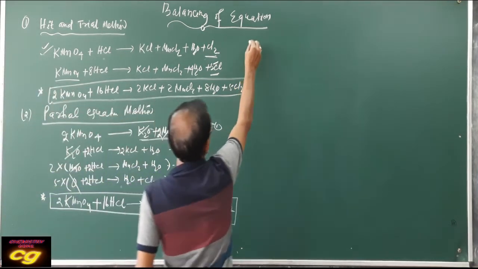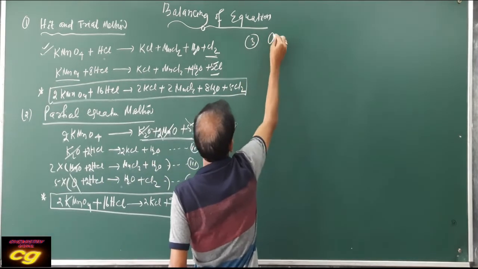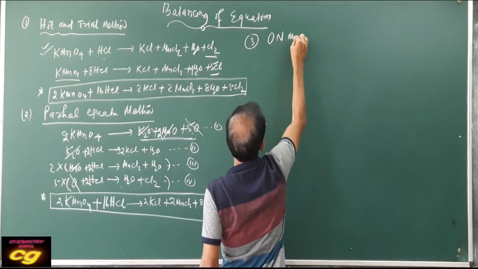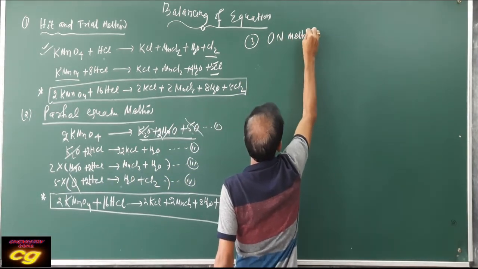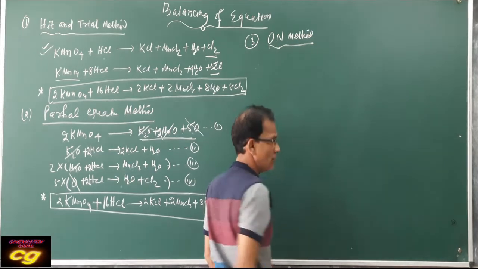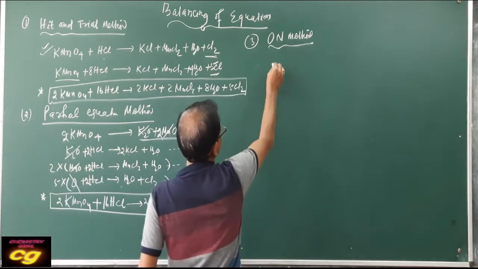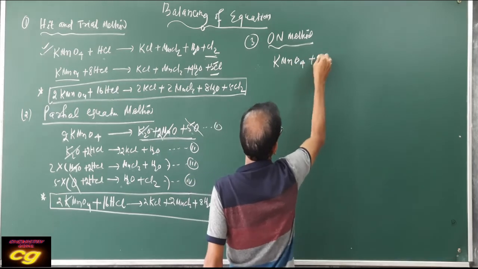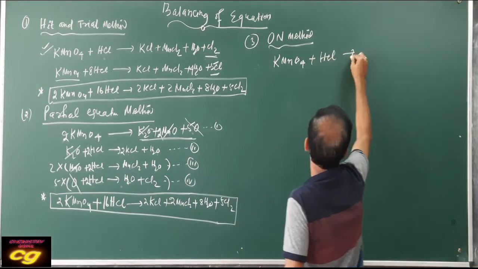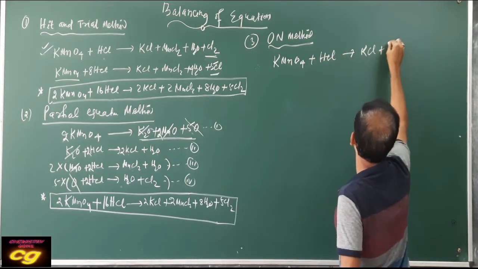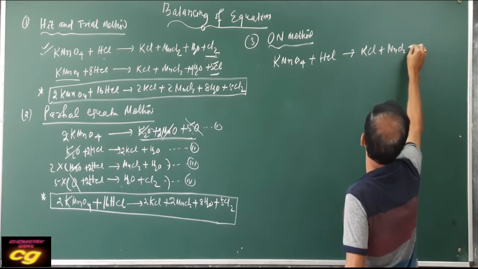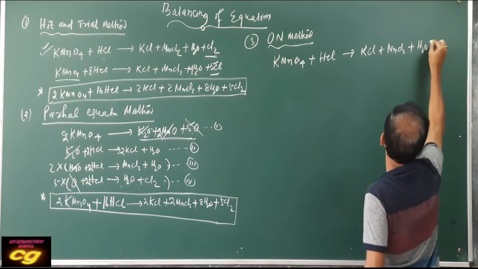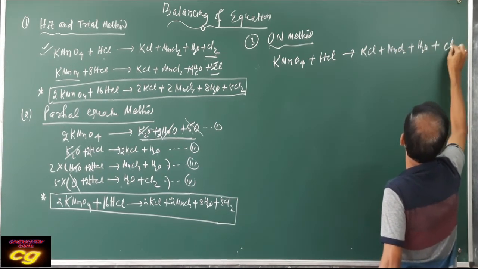The third method is the oxidation number method. Oxidation number method means you have to calculate the oxidation number of the elements on the left side and the right side. Here is KCl plus MnCl2 plus water plus Cl2.